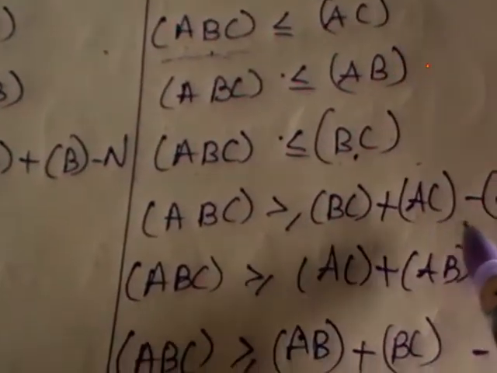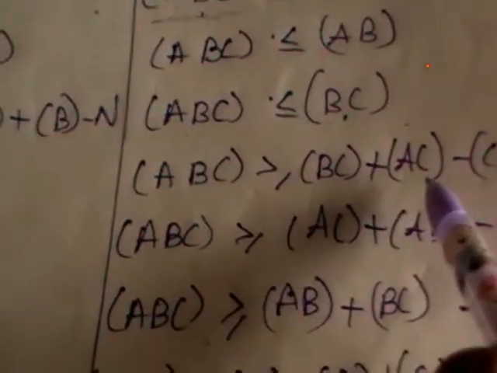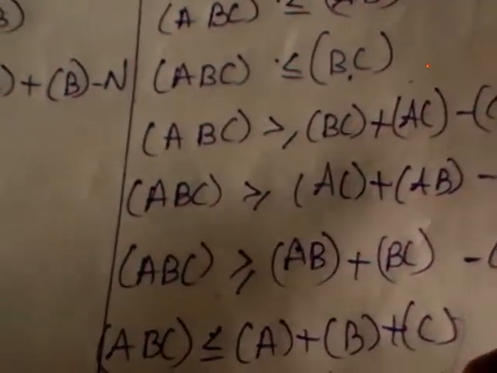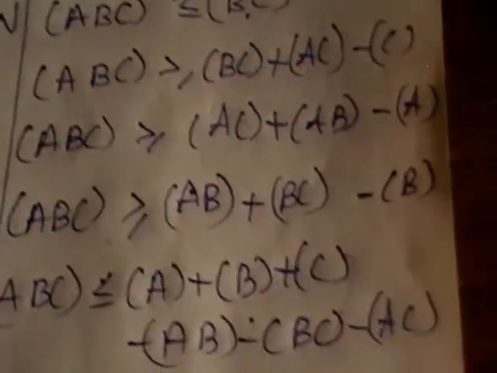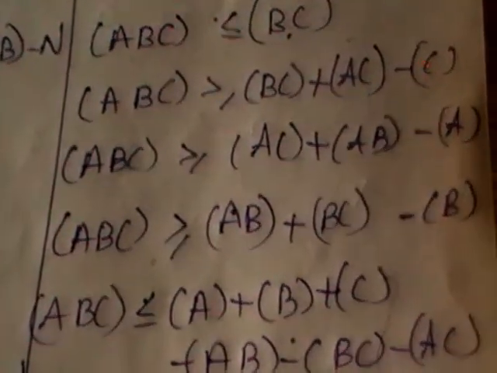The remaining conditions depend on both first and second order. So how to write this? ABC greater than or equal to, first you start with minus A. One you will get with minus B, one with minus C. How to write this minus A?